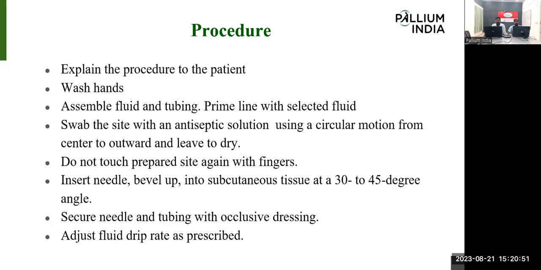We prick at a 30 to 45 degree angle, and after inserting the needle we need to secure the wings of the butterfly cannula or SV set along with the tubing using adhesive tape or occlusive dressing. Then, whenever we start the infusion, we need to adjust the drip rate as per the doctor's prescription.